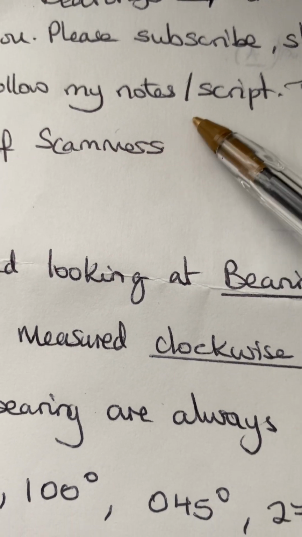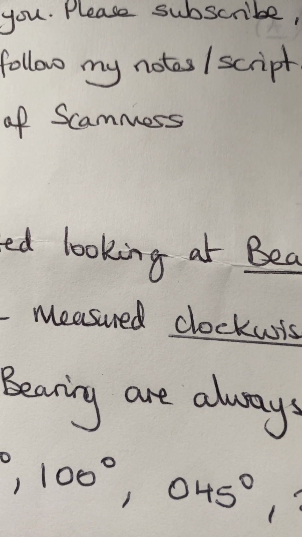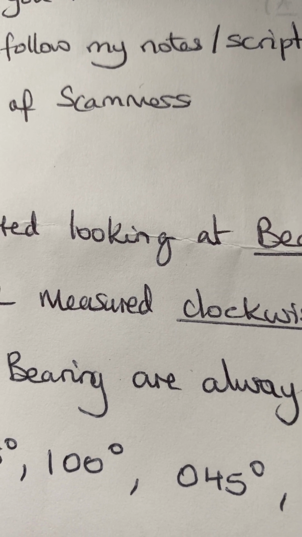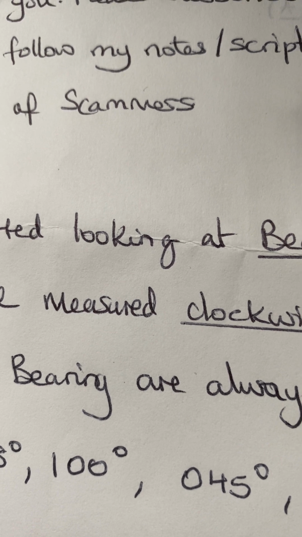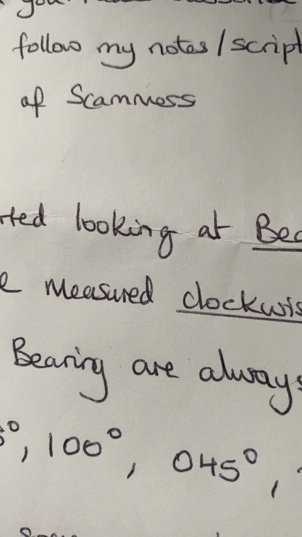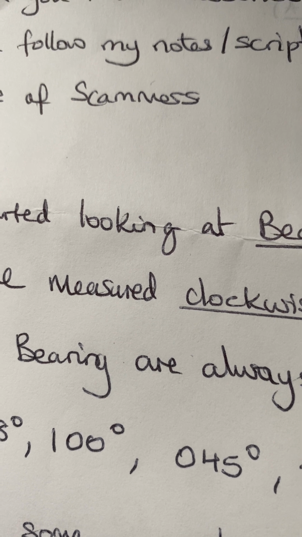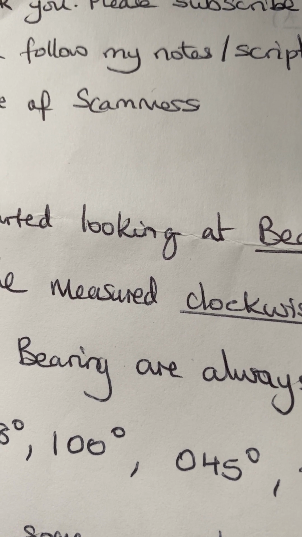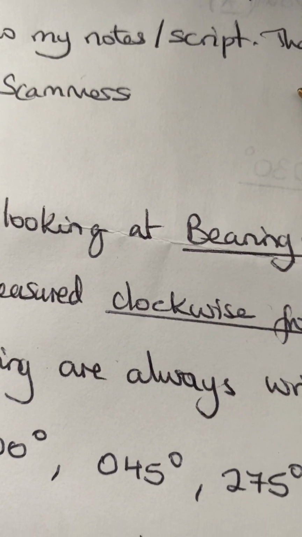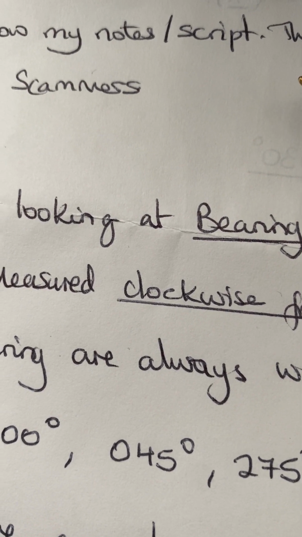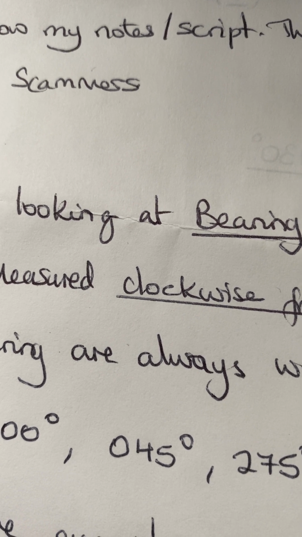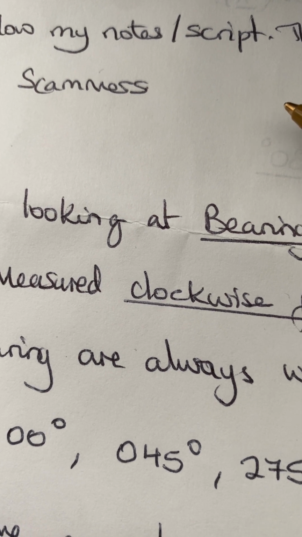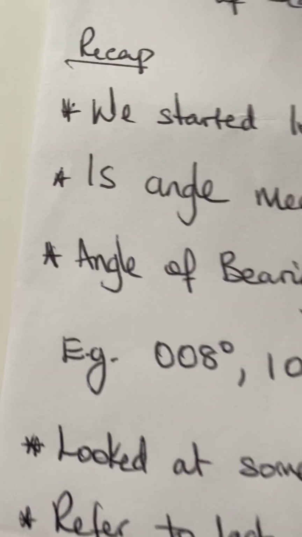Please follow my notes and script. This will help you a lot, because if you are just listening, assuming I made a mistake, for instance, I have to say 145 and it comes out as 14 or 140, you wouldn't know. So please follow the notes.